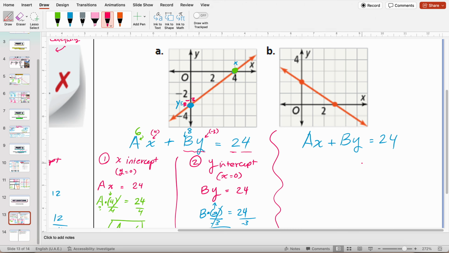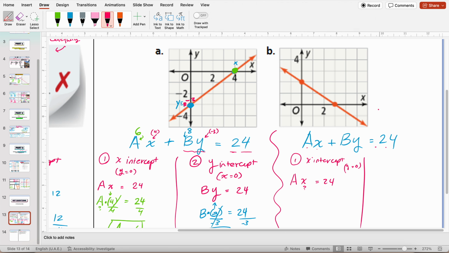Same thing here. So again, how can I find a? Use the x-intercept. To find a, again, the y will be cancelled because it's 0. So I'm going to only have ax equals 24. So what is the x-intercept?